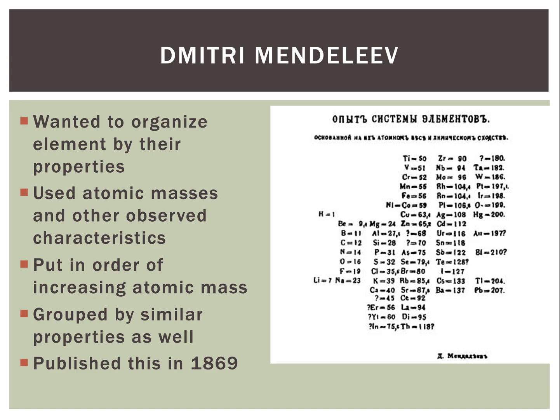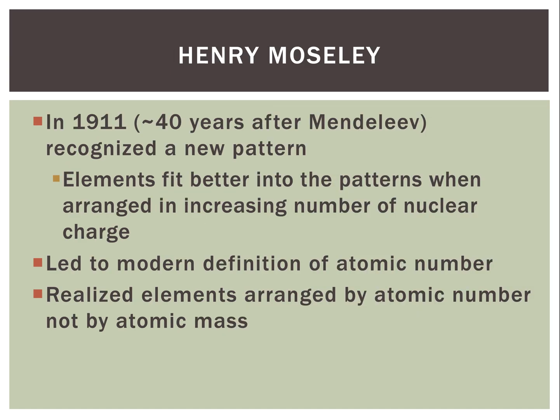Now, about 40 years later, Henry Moseley took these elements and he realized that they fit better into patterns when arranged by increasing nuclear charge. Now, when we think about the charge on a nucleus, we know the nucleus is positive, but why is it positive? Well, the nucleus has protons and neutrons.